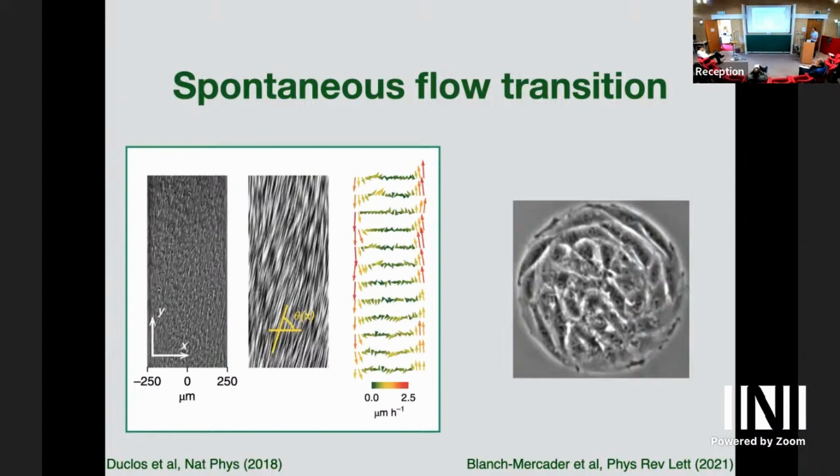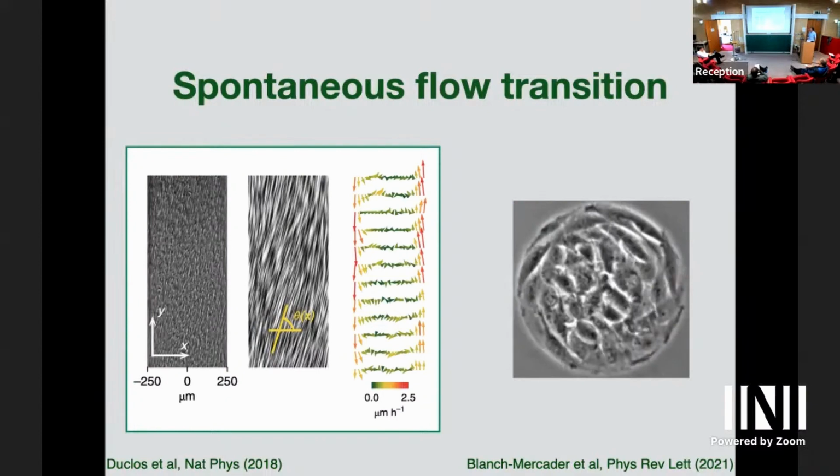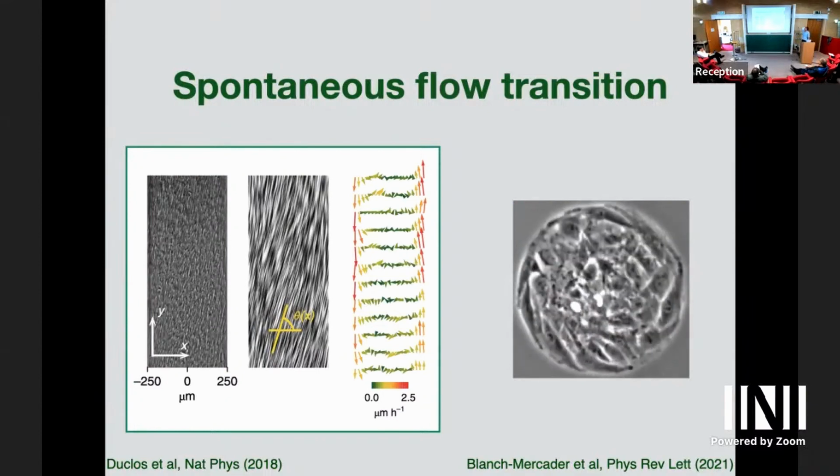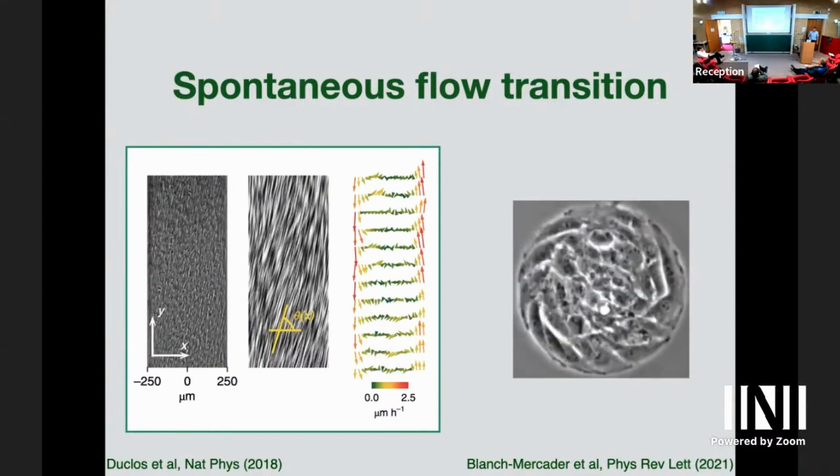A very similar phenomenon is also obtained when you confine cells to a disk. So here again, hopefully you can see that these cells are essentially elongated. And here I can show you a movie. So you see that these cells are really swirling around.